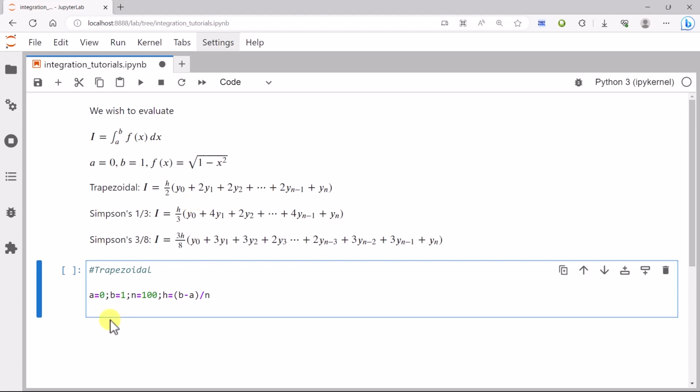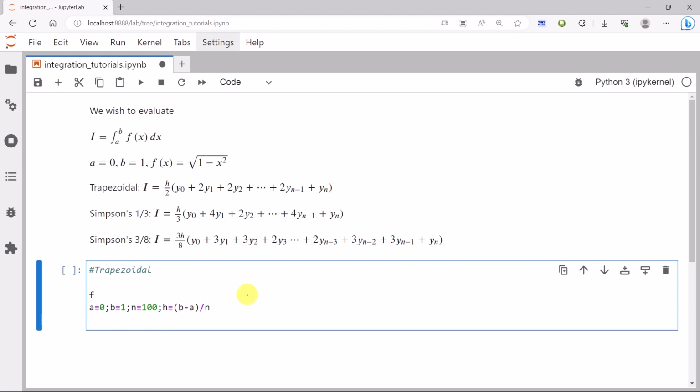This y is my f(x), and my f(x), let us just define f as a lambda function. So this will be lambda function of x, and to square root it I need math. So let me import math.